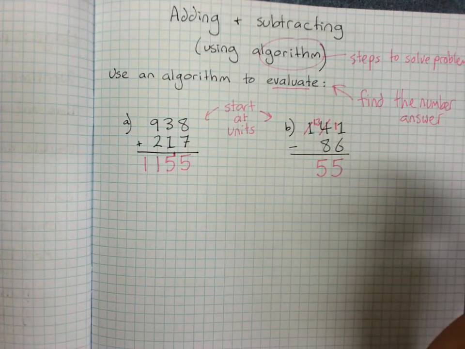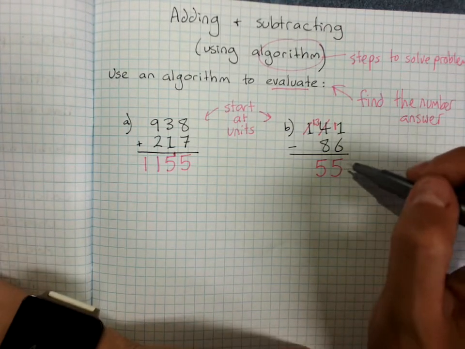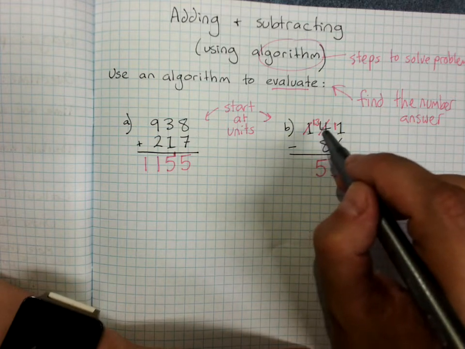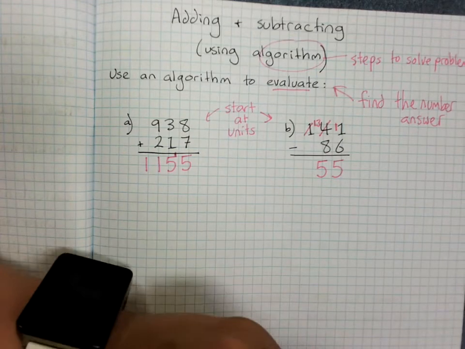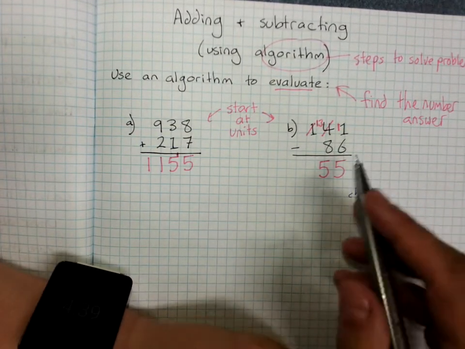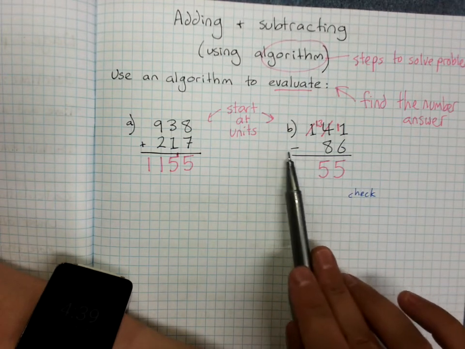I've got my answer. If you're not feeling really sure if you got it right, you can reverse it and see if you get back to the start. So let's do a check for this one. A check here is take your answer and the second number and reverse what we did.